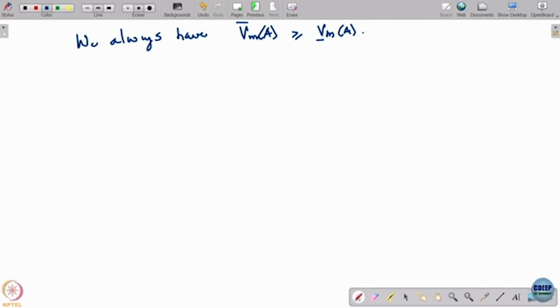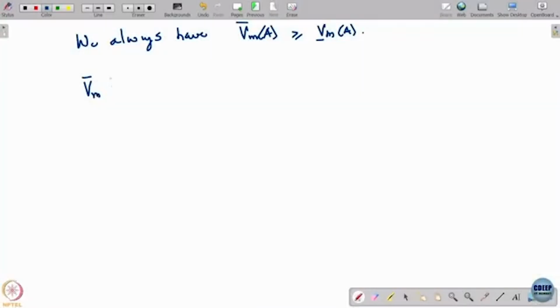Now we move to this particular regime where players are allowed to randomize, but we still need to justify how exactly players are gaining from randomization. Okay. So to see how players gain from randomization, let's observe one simple property. Can you tell me what is the relation between VM upper bar and V upper bar?